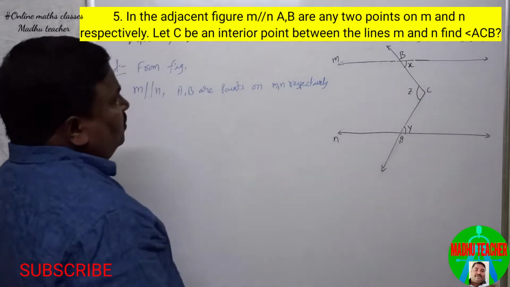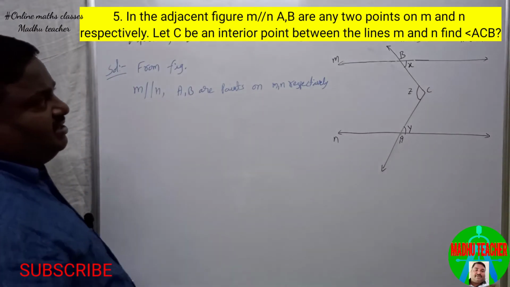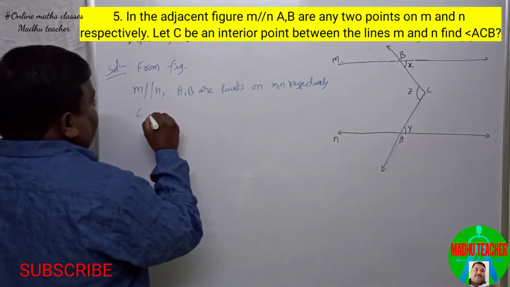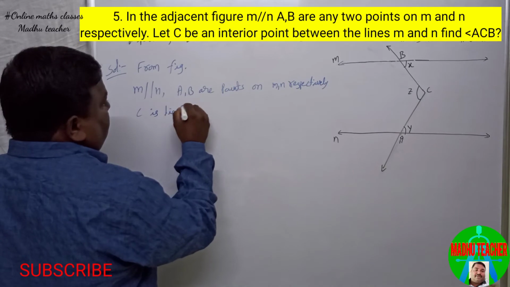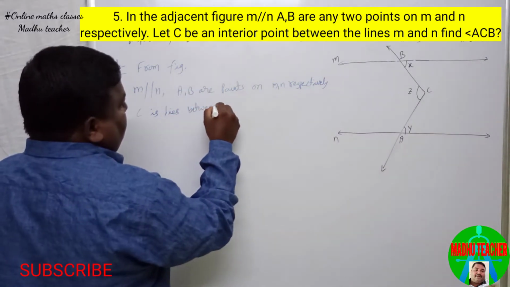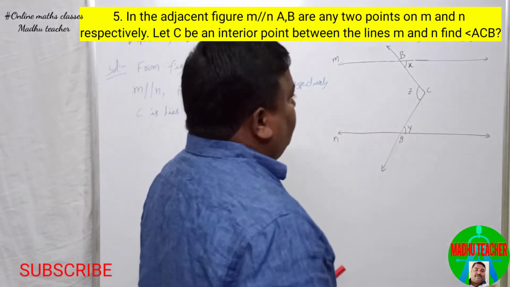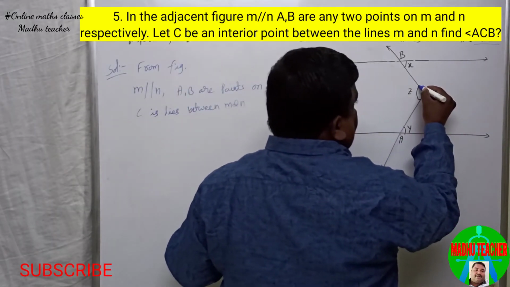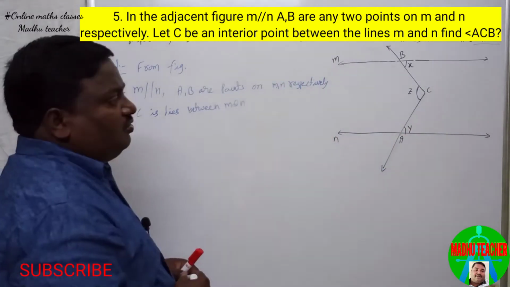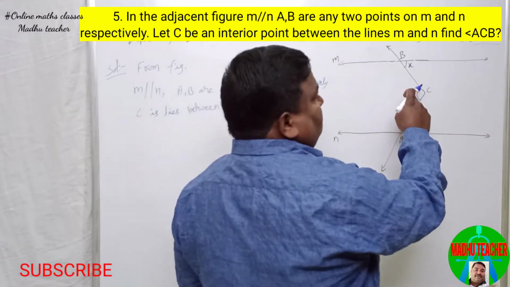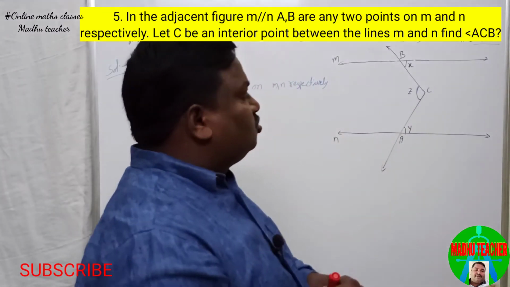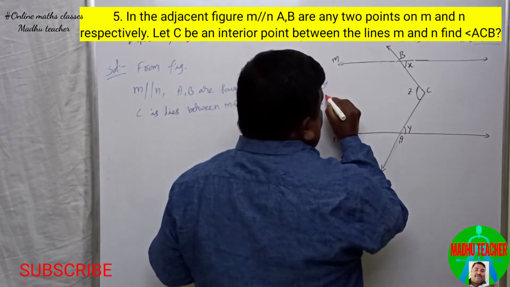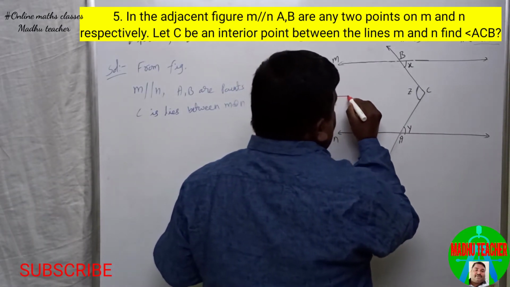And C is the interior point between M and N. We have to find angle ACB. That means you have to find angle Z. This you have to find. So to find that angle, I am drawing a line through C and parallel to M and N.